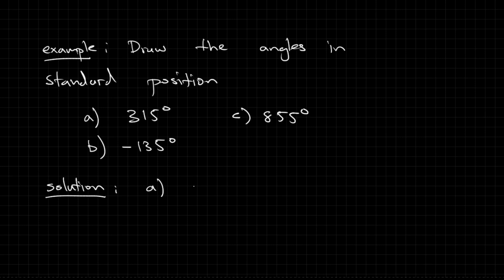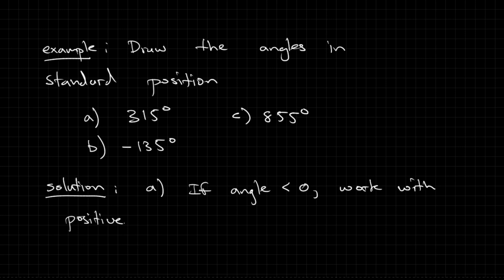The first thing I advise is if your angle is negative, so less than 0, work with the positive version first. And then at the end, you'll just reflect everything you have done, and we'll talk a bit more when we get to part B, but I wanted to mention it now.